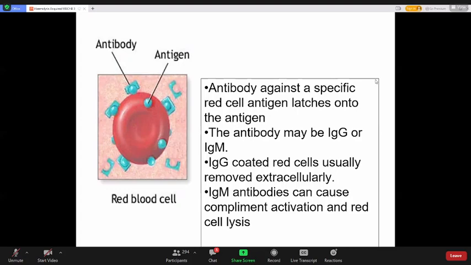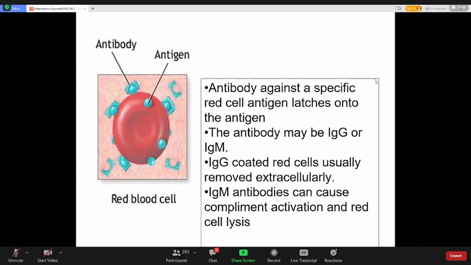This is a diagrammatic representation of what I've been talking about: how antibodies are recognized by the antigens on the red cell, and you get either cell-mediated immune hemolysis, or intravascular complement-mediated activation with cytotoxicity within the circulation.